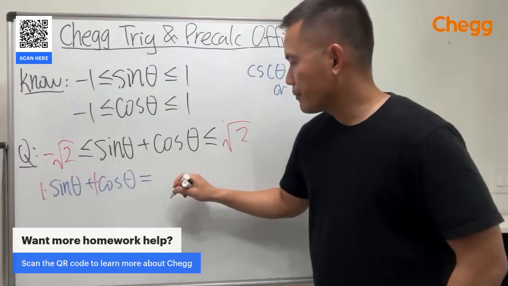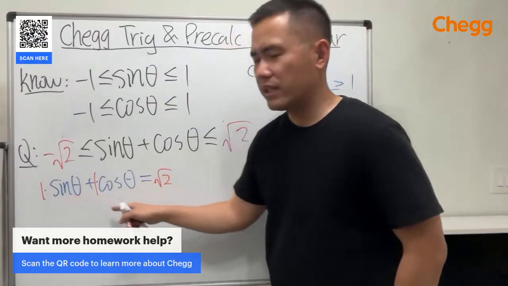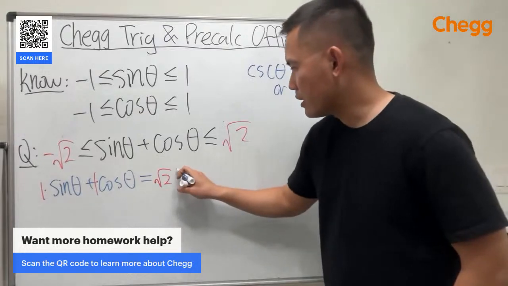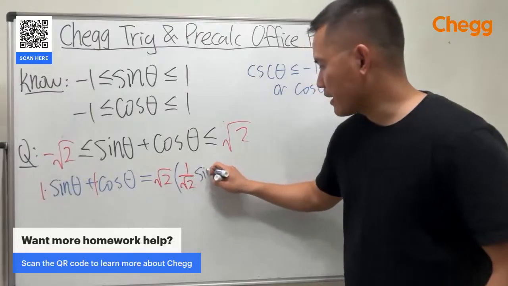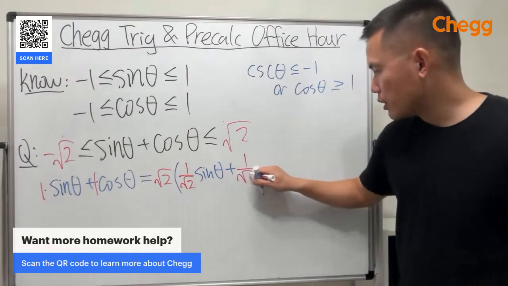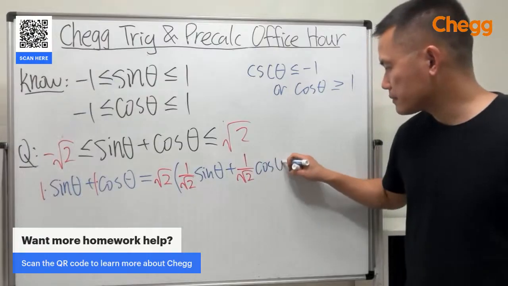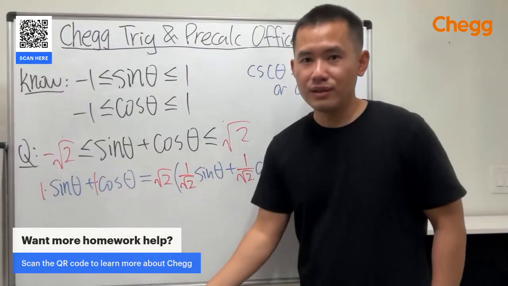I'm going to multiply this by square root of 2 because I don't really recognize the 1, but you will see this right here. I will have 1/square root of 2 times sine theta plus 1/square root of 2 cosine theta.